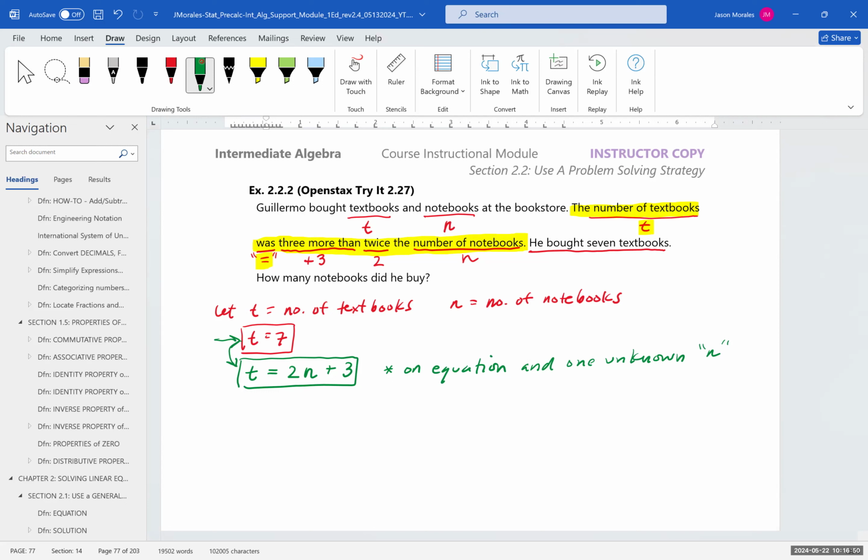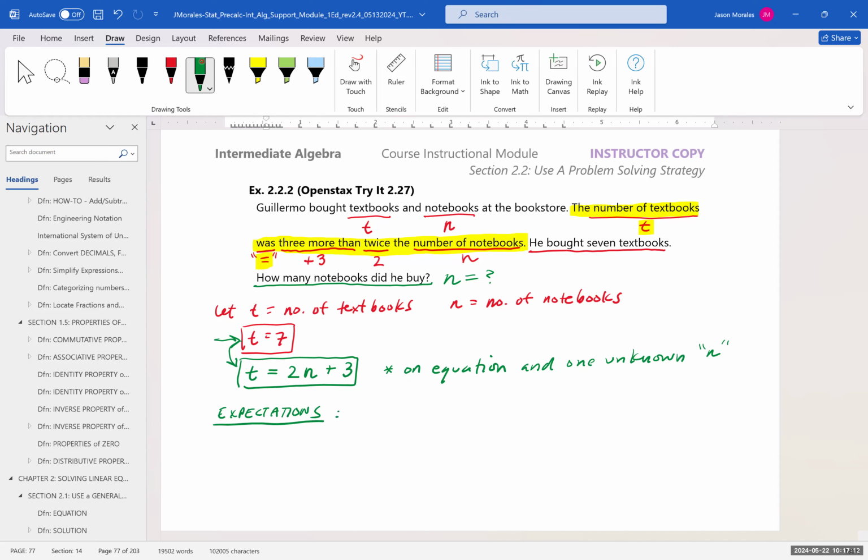Okay, so down here at the bottom, it says how many notebooks did he buy? We're trying to solve for N, the number of notebooks. All right, so let's look at our expectations.